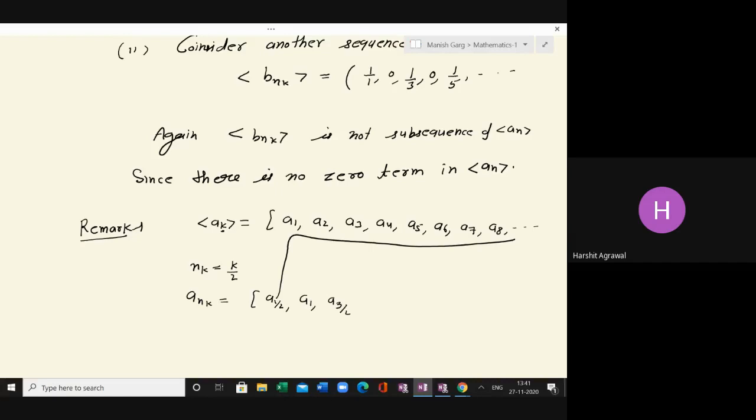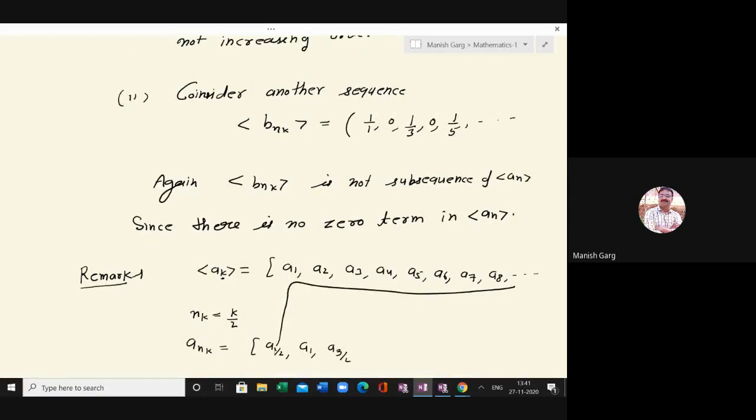Sir, the second part you wrote at the end in example 3, please explain it once more. In the second part, consider another b_k. Here, this is this sequence, but the problem is you have no need to check whether it is increasing or decreasing, because first we want to check that all the elements must belong to the parent sequence. Clearly 0 does not. It means immediately you can say this is not a subsequence.